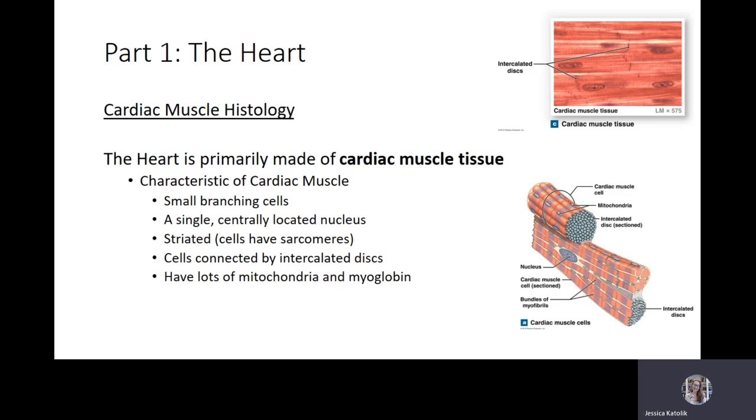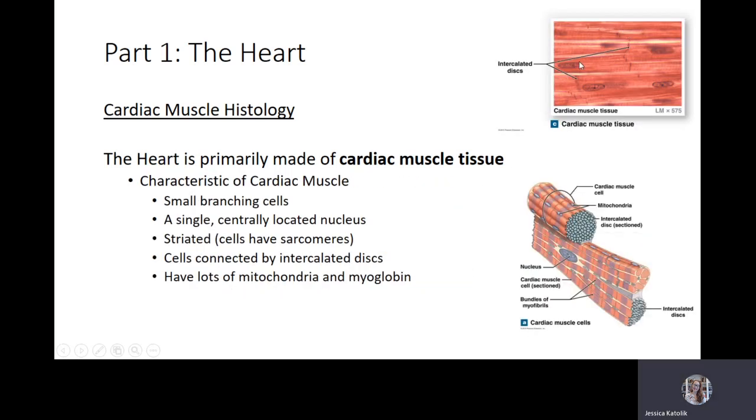But it does have these striations, so it's going to be a light stripe and a dark stripe that we're seeing going across the surface of the cell, and this is due to the presence of sarcomeres. The actin and myosin are going to overlap in such a way that it'll create a shadow and a light spot as we look at it under the light microscope.